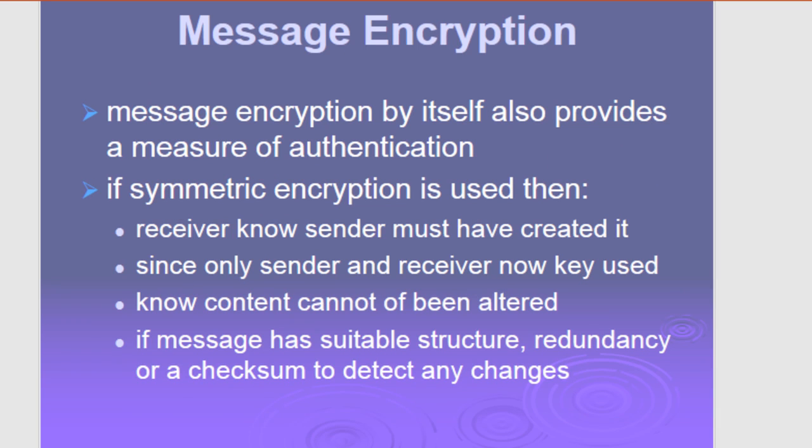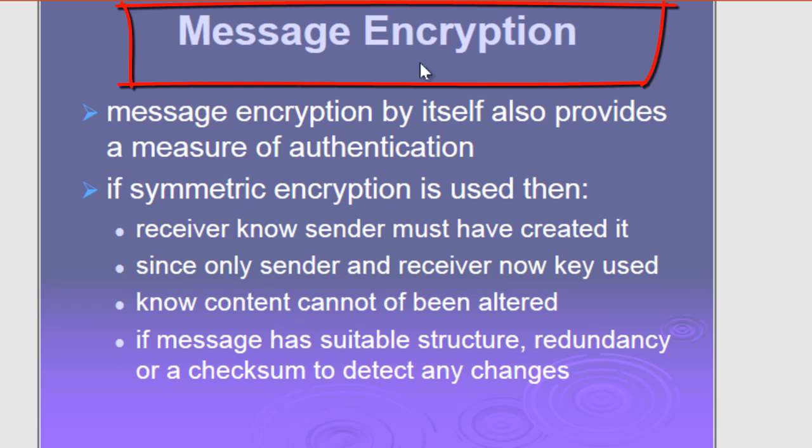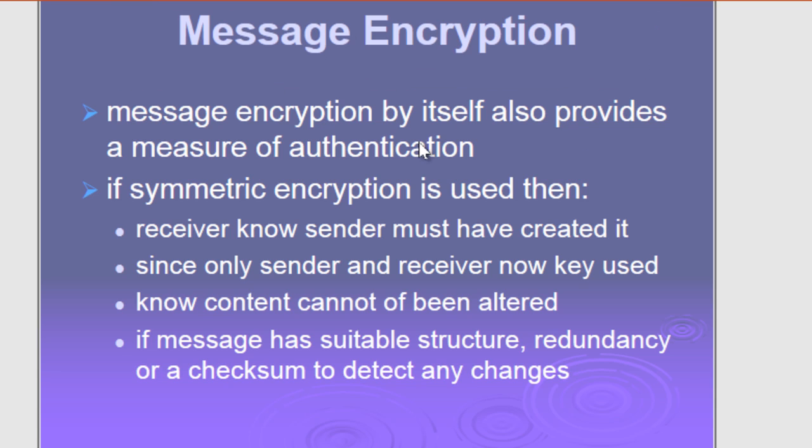The next concept is message encryption, which is one type of authentication. Message encryption provides a measure of authentication. If you see message encryption in private key encryption, the encryption itself provides authentication.